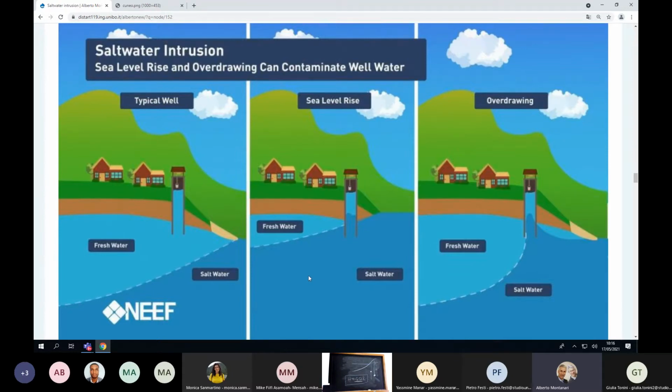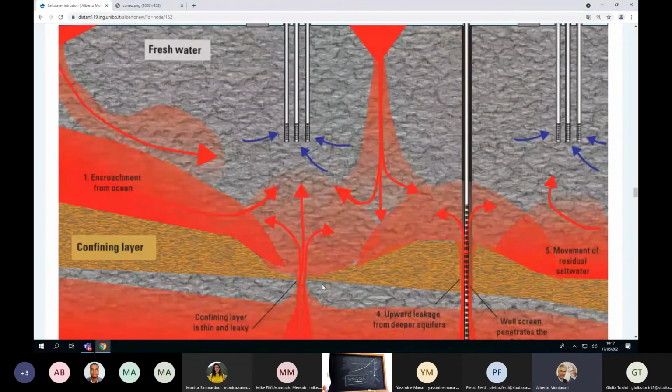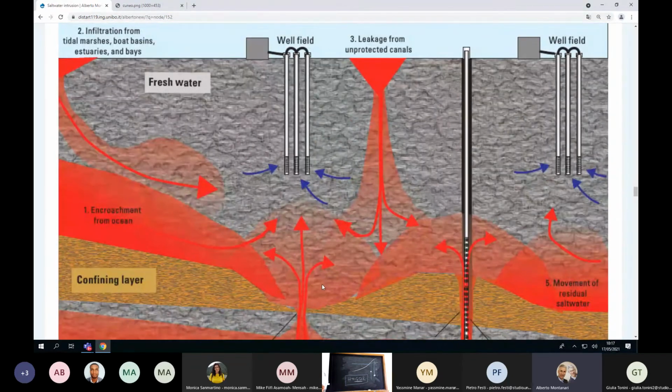This is what, of course, we are concerned of. Why are we concerned by sea level rise? Because we can't use the wells anymore. And the same is shown in this figure, where you see the same issue.